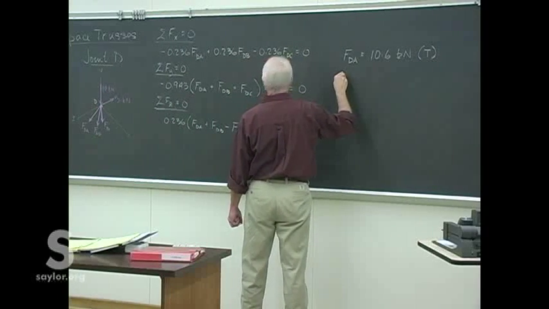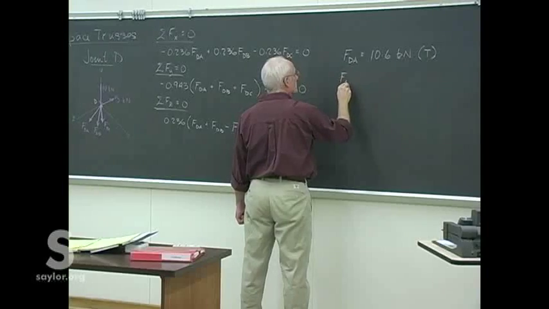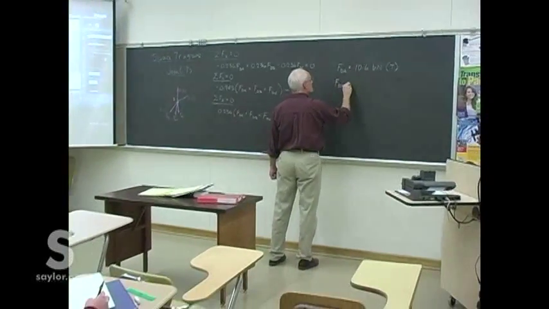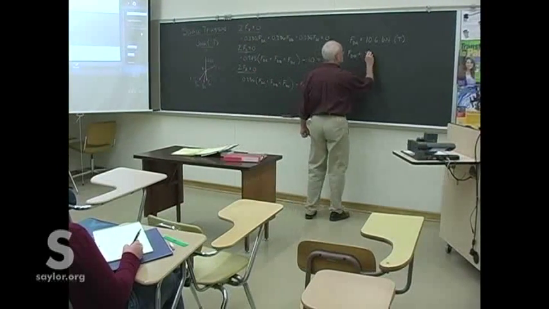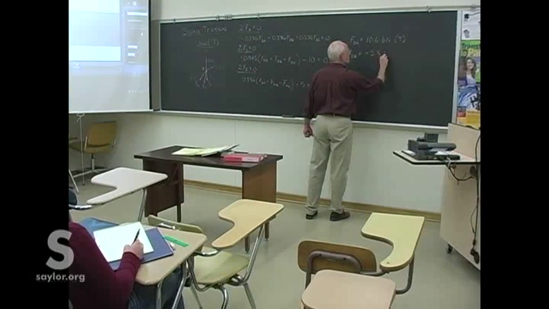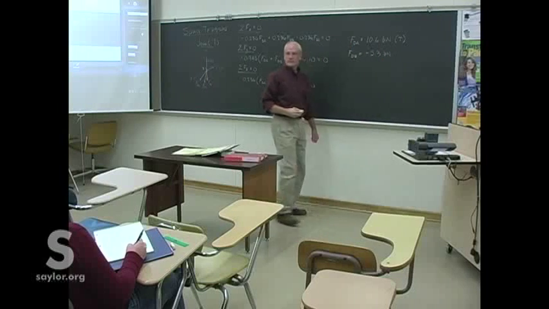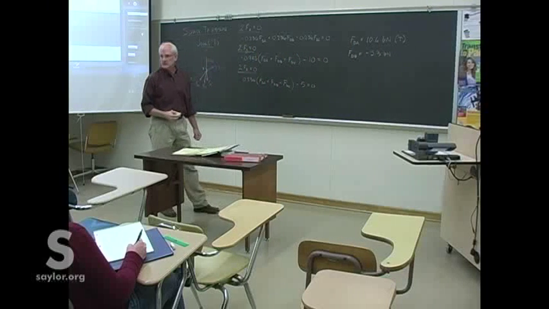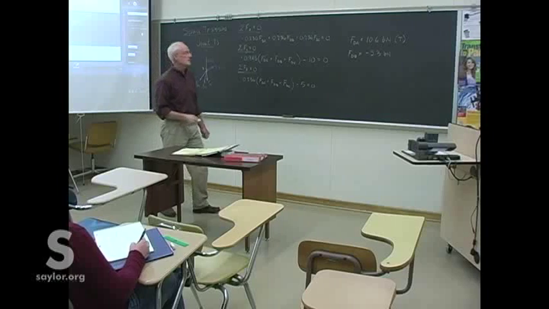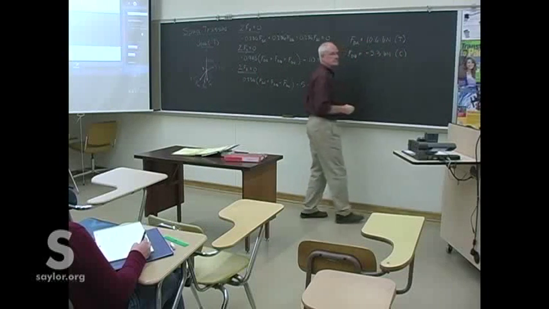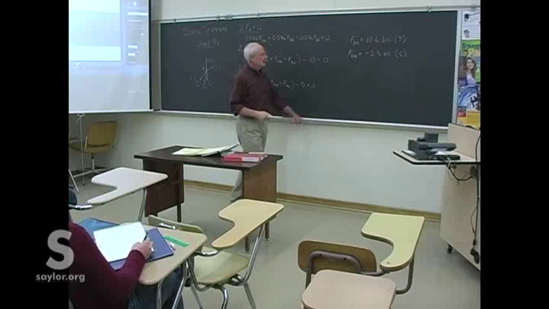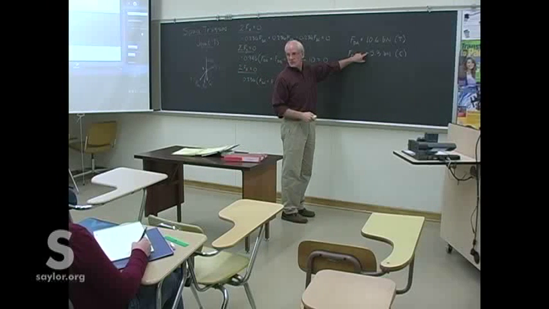Plus, it kind of makes sense with that force pulling back sideways. FdB, we get minus 5.3 kilonewtons. The minus means that our assumption of tension was wrong, so it's in compression. Now, do not take this to read that negative compression is the same as tension.